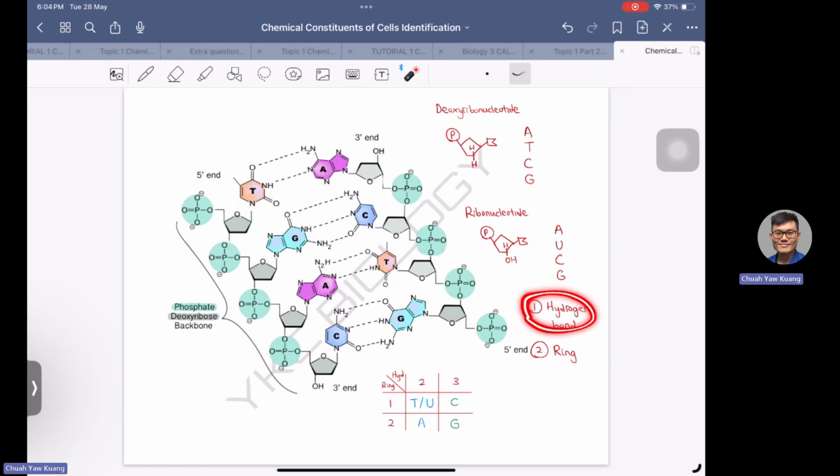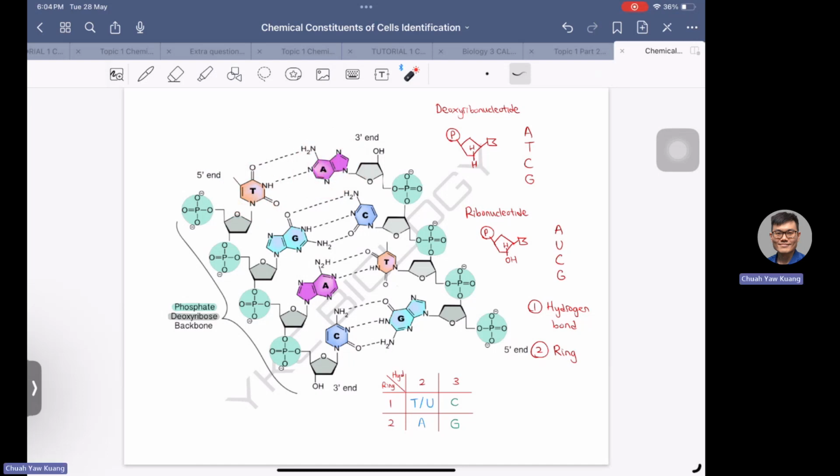So that is our first step. Which one would be thymine and which one would be adenine? This depends on the second step, where we check the number of rings. Those with 2 ring structures will be adenine. Those with 1 ring structure must be thymine.